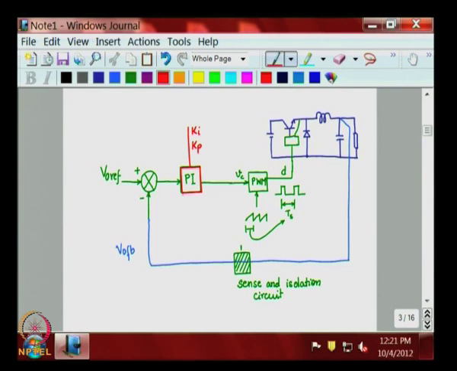And we know the equation of the PI, which is, if this is the error and this is Vc, we know that Vc is equal to Kp into E plus Ki into integral of E dt. So, this is what we want to achieve.